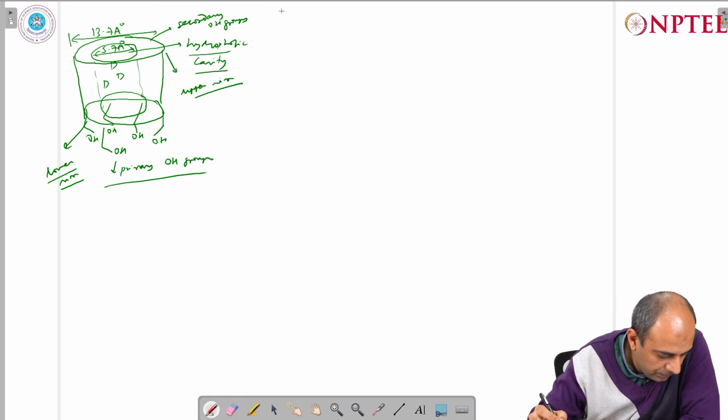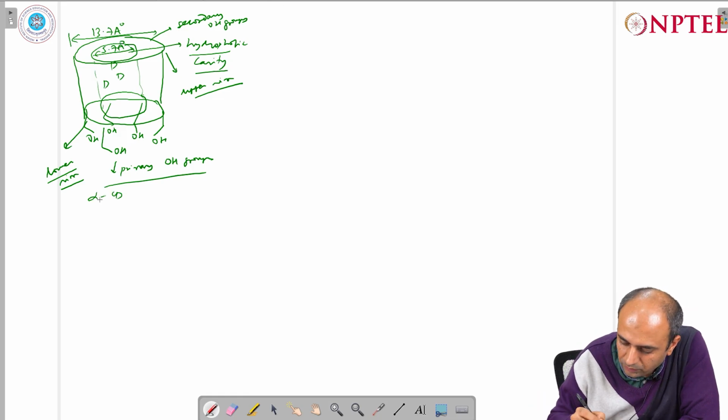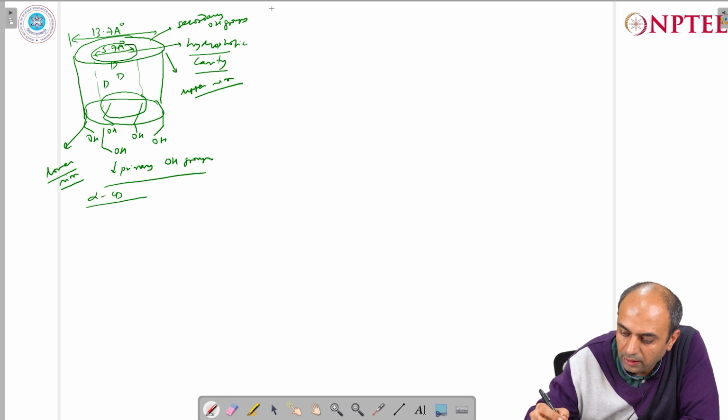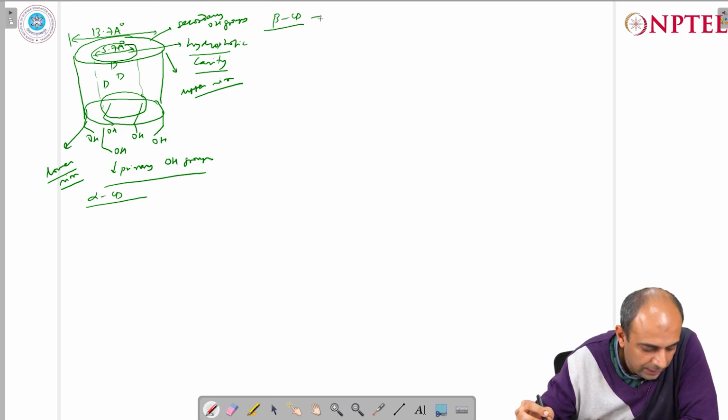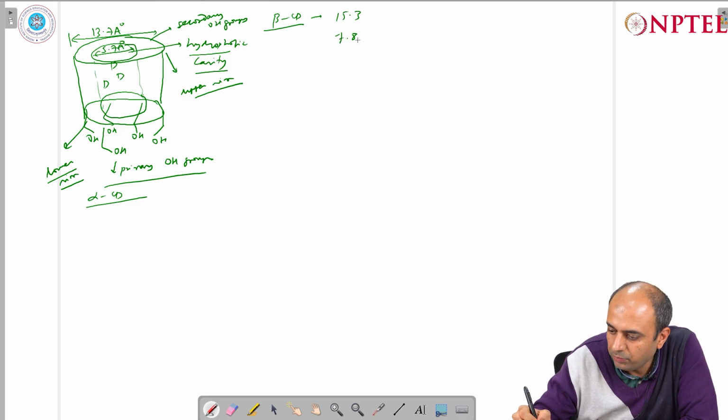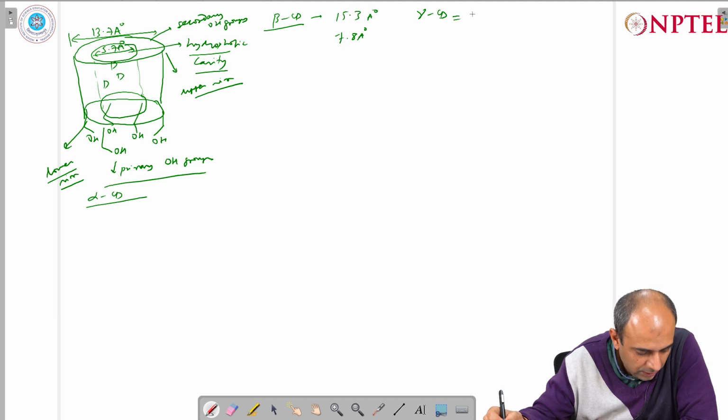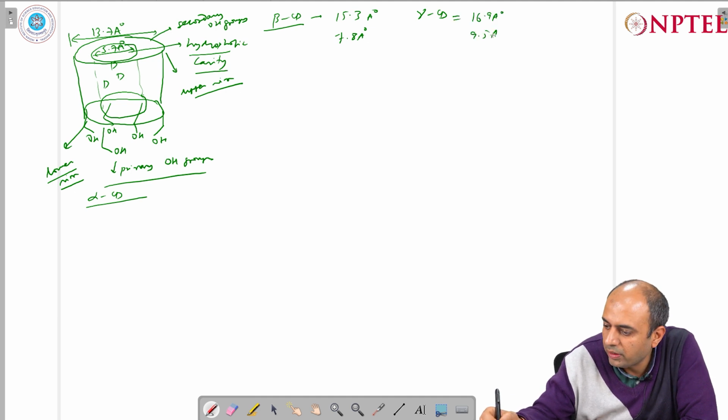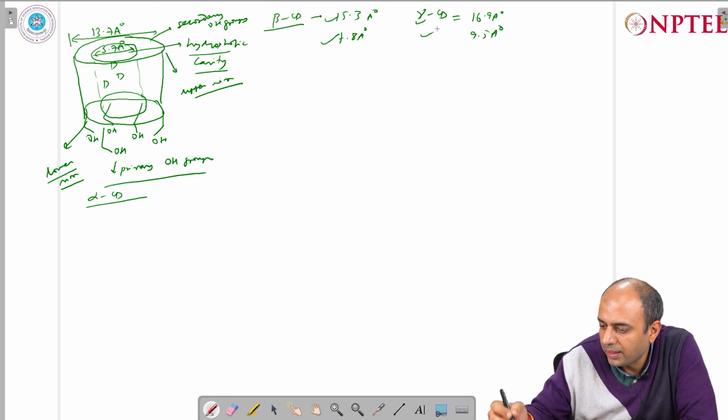That is for your alpha cyclodextrin containing the 6 units. For the corresponding beta cyclodextrin, because the size is larger, the dimensions increase to 15.3 and 7.8 angstrom, and for gamma cyclodextrin it is further increased to 16.9 angstrom and 9.5 angstrom. That is the outer rim and the inner rim dimensions.